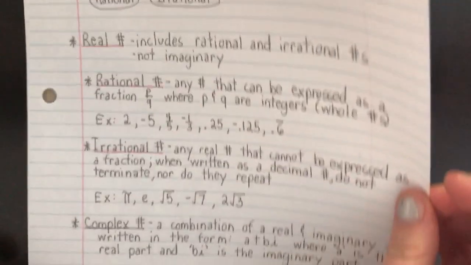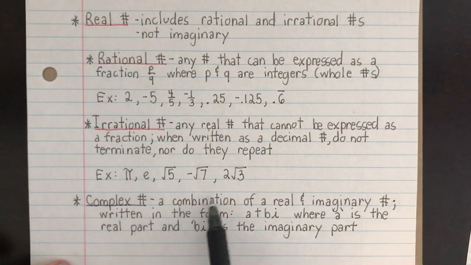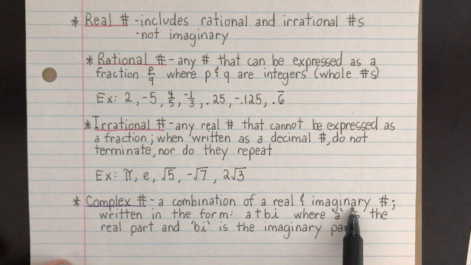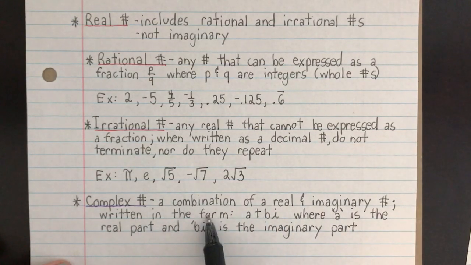What do I mean by that? Well, a complex number is a combination of both a real number and an imaginary number. And it's written in the form a plus bi, where a is the real part, that's the real number, and bi is the imaginary part.